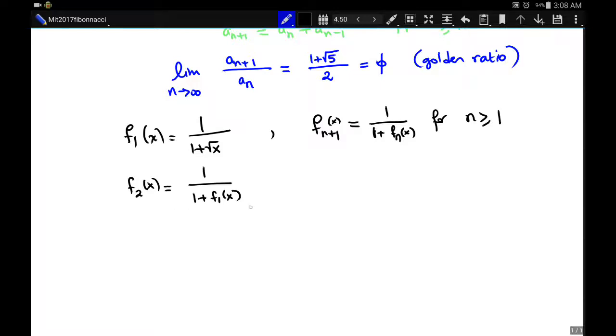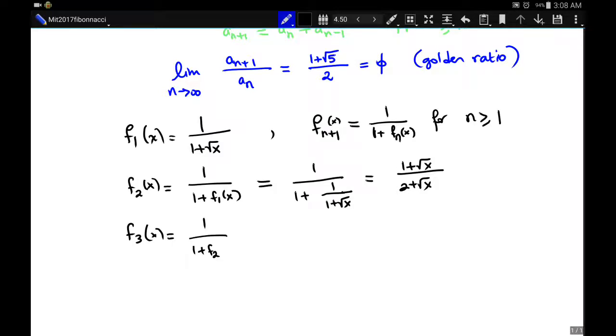For example, f2 becomes 1 over 1 plus 1 over 1 plus root x, and if you simplify that, you get (1 plus root x) divided by (2 plus root x). For f3, you get 1 over 1 plus f2 of x using this formula.